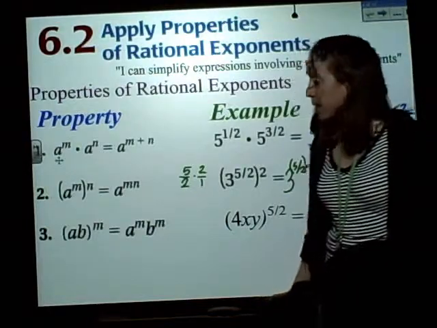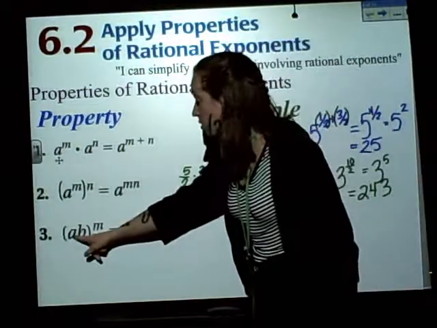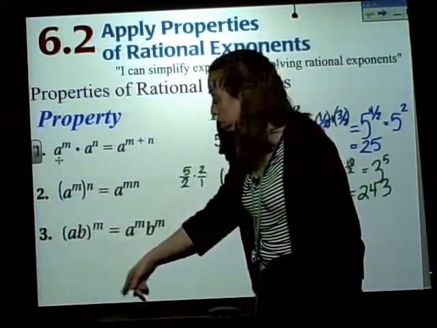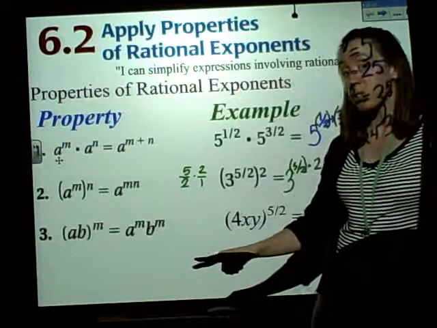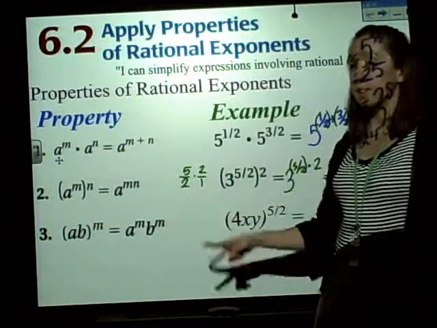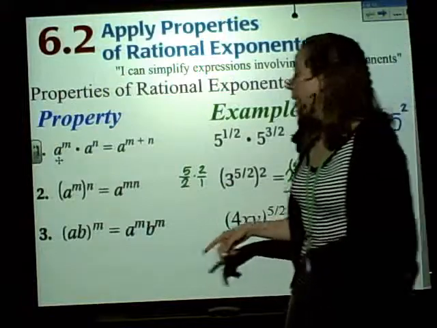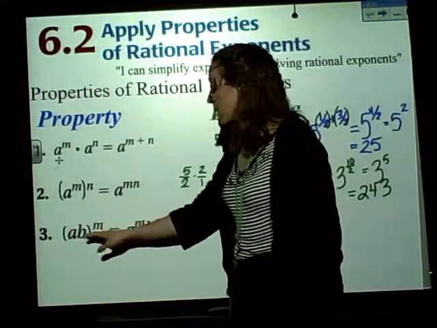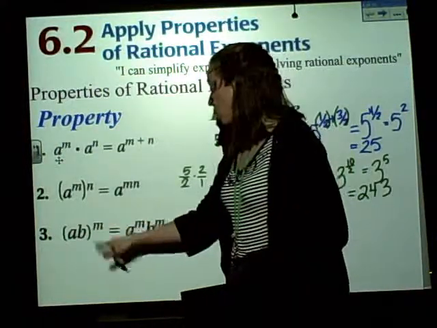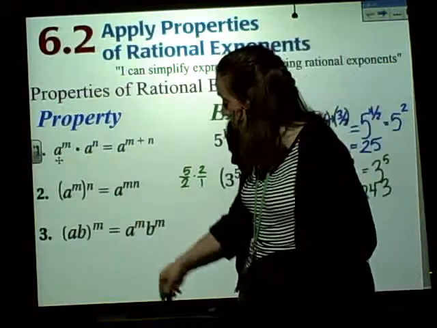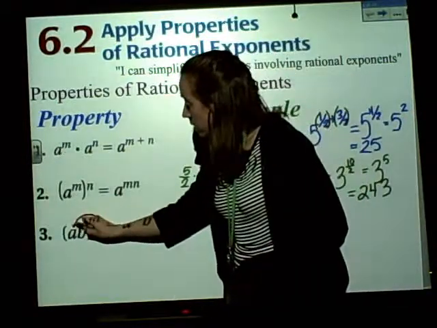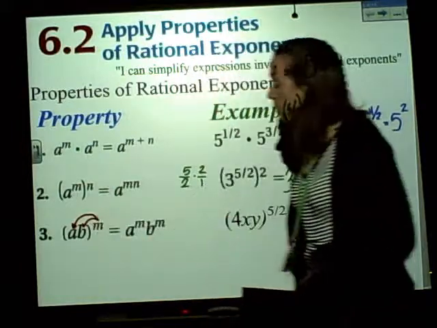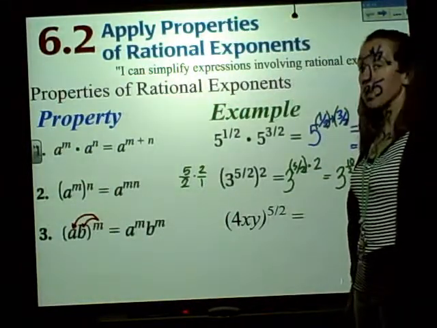My last property on this slide tells me that if I have two different bases, now this could be in the form of two numbers, it could be a number and a variable, or two variables. It says that if I'm raising that whole thing to one exponent, I have to distribute that exponent to each term inside the parentheses.